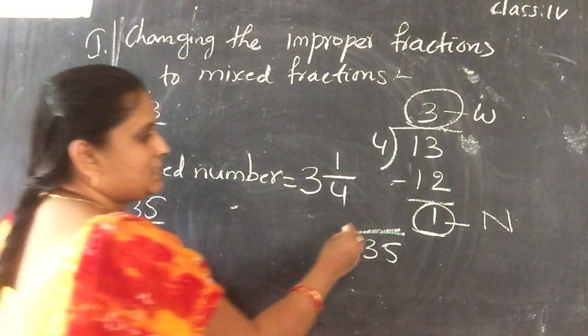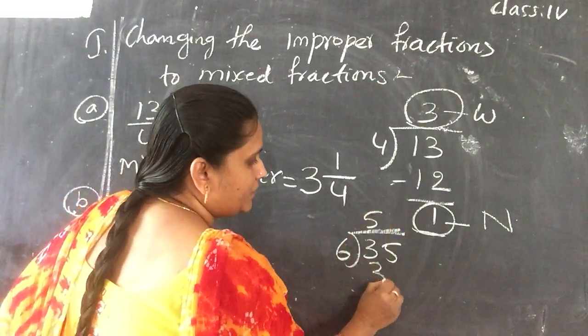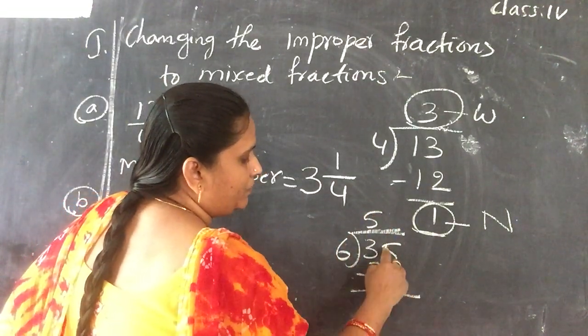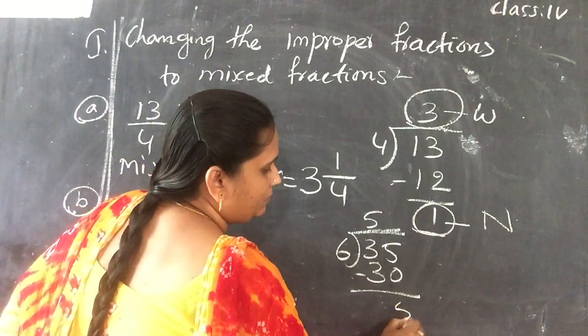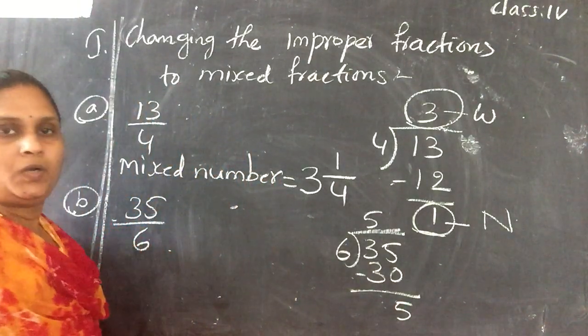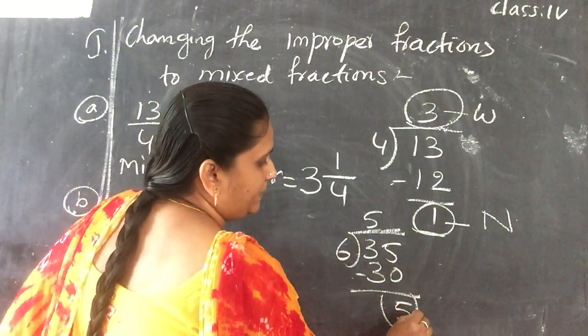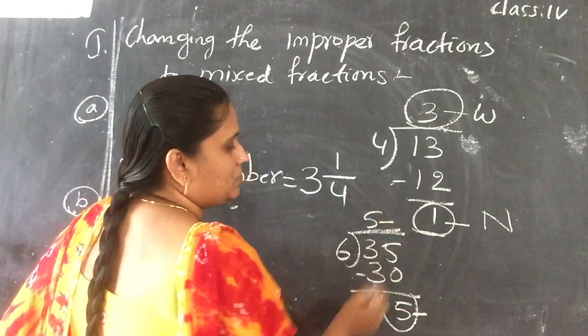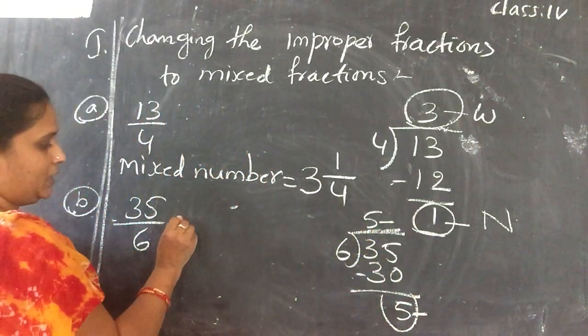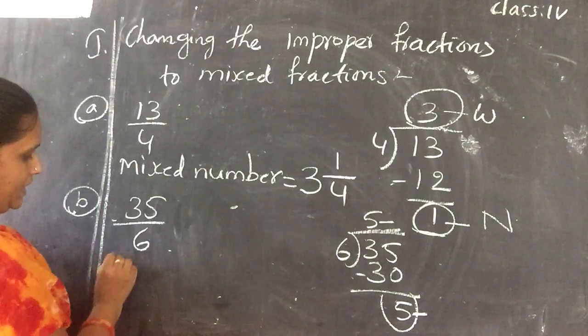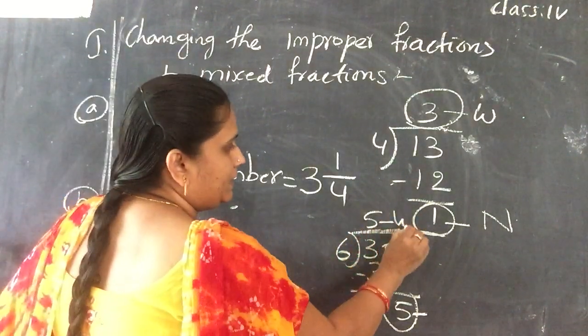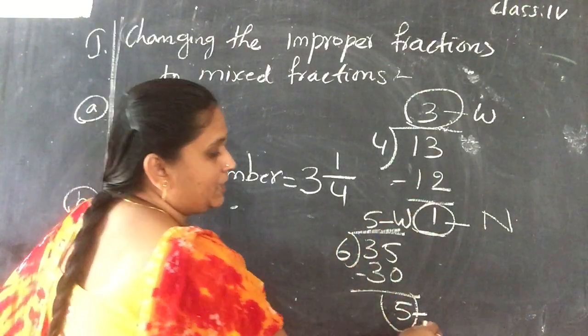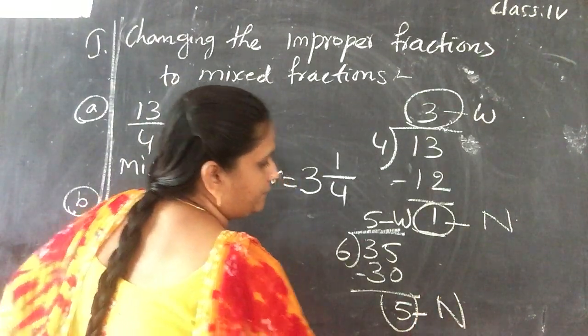So go for 6 5s are 30. 35 minus 30 is equal to 5. Okay, so now the remainder is 5 and the quotient also 5. The quotient you have to write like a whole number and the remainder has to write like a numerator.